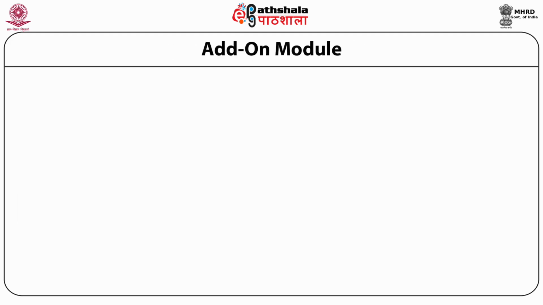Another module of the library automation I would like to tell my viewers about is the Add-on Module. This is an extra feature, like activities which are not covered in any of the modules I have discussed or defined by the particular library, so they can be accommodated here in this module. So what kind of things are accommodated?